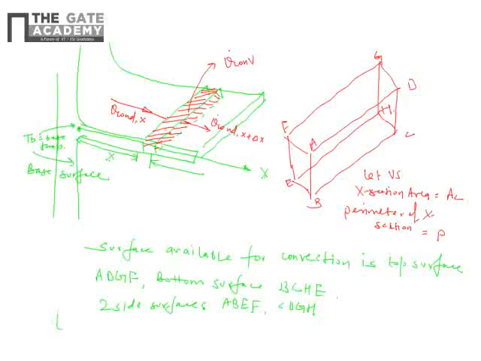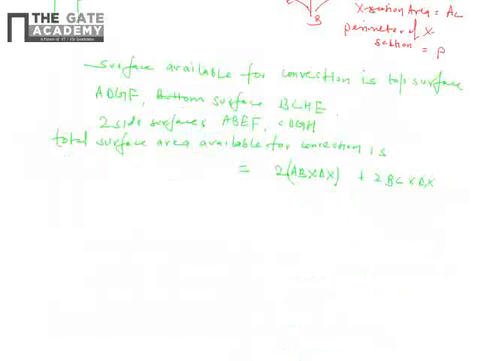So the total surface area available for convection is equal to 2 times AB into BE, or you can say delta x, plus twice BC into delta x.